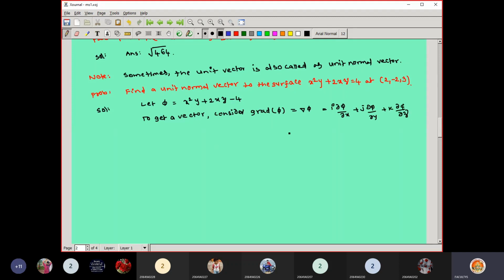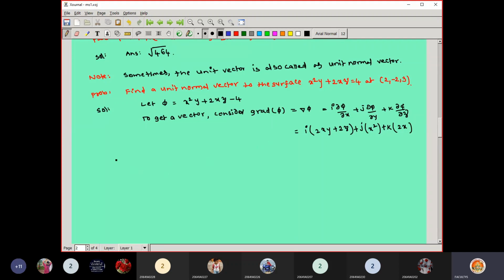Now simplify. i dou phi by dou x with respect to x becomes 2xy plus 2z as per your function, plus j dou phi by dou y gives only x square, plus k dou phi by dou z gives only 2x.